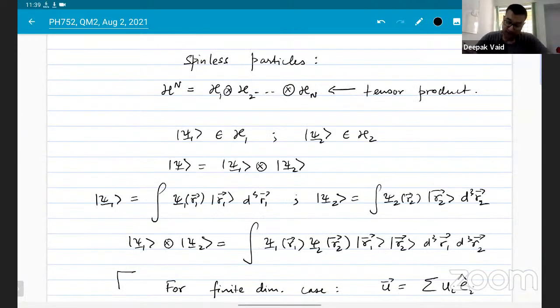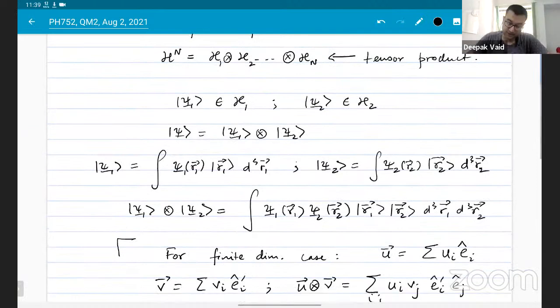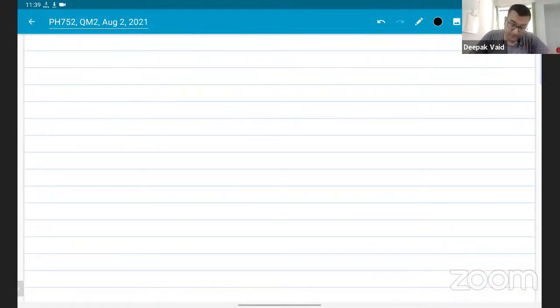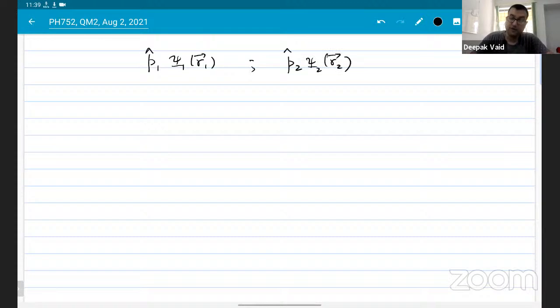So now we can come back to this picture, right? So this is just the infinite dimensional case. And for this, we can ask, for instance, so we have the momentum operator, right? Let's say P1. The momentum operator acts on this state psi 1 of r, right? And similarly, you have the momentum operator P2, which acts on the state psi 2 of r. Okay.